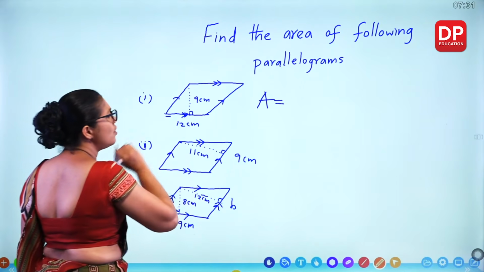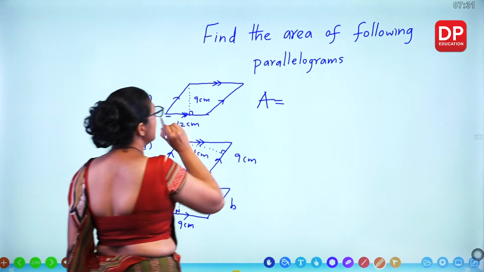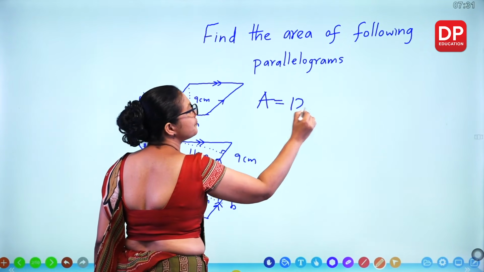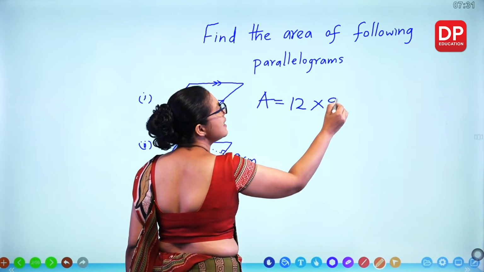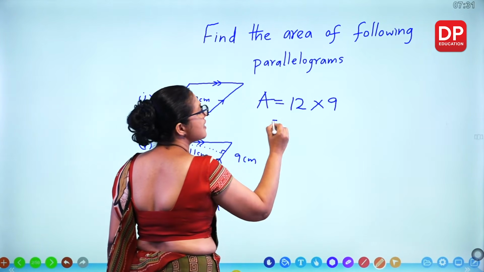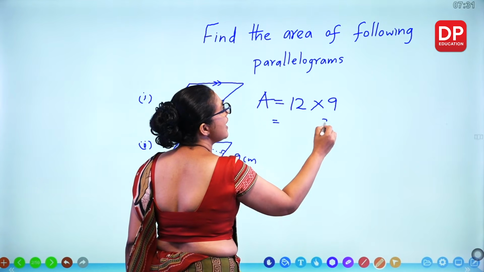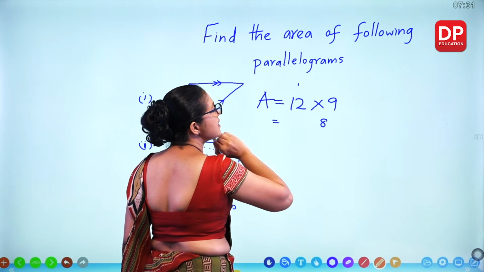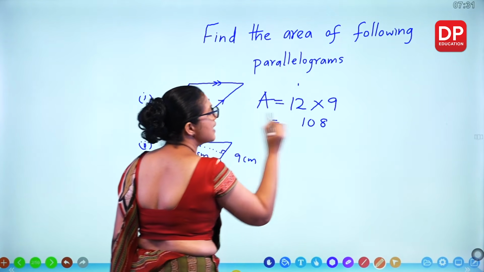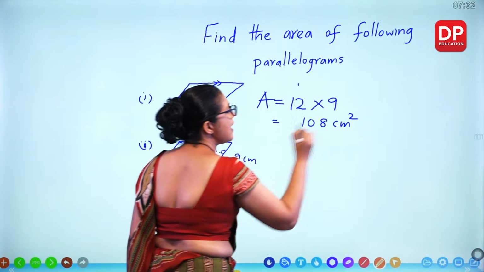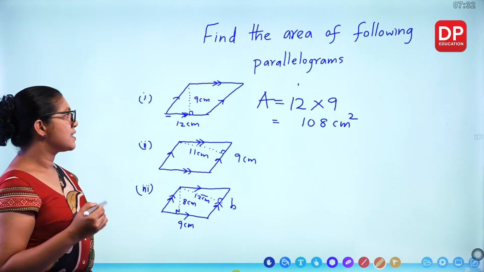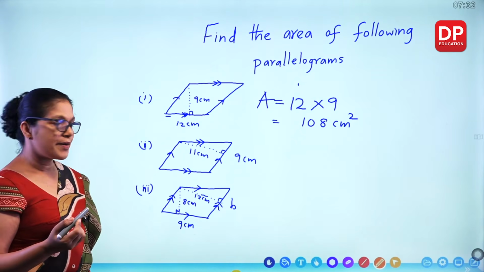Area is equal to base 12 times perpendicular height or altitude 9. So the answer is 108 square centimeters for the area of the parallelogram.